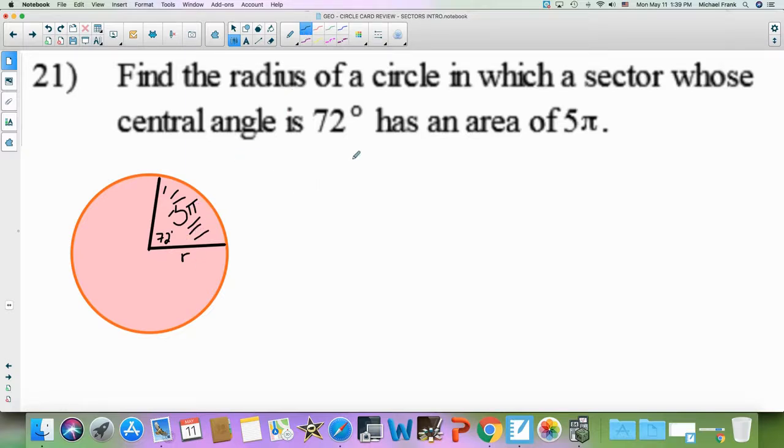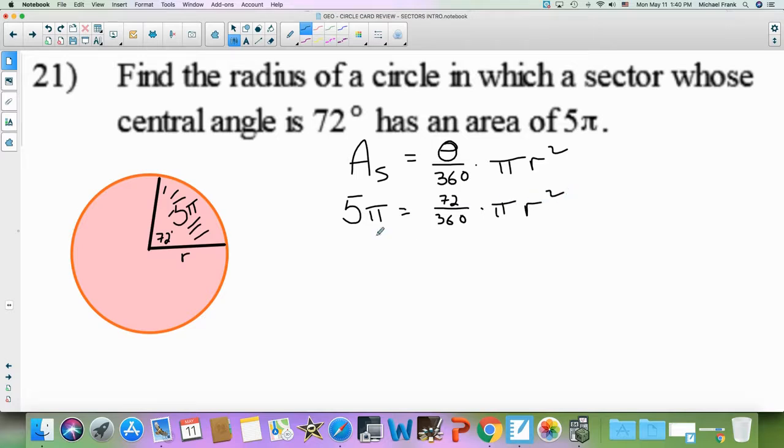Well, the area of a sector is equal to whatever that angle is out of 360 times pi r squared. That means 5 pi is equal to 72 out of 360 times pi r squared. Well, 72 actually goes into 360 five times, so it's 1/5 of pi r squared.